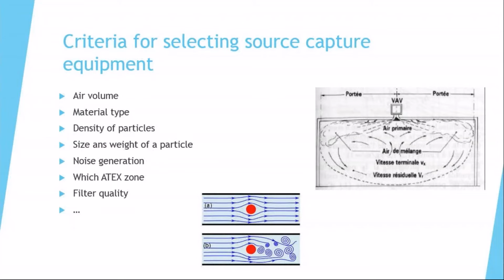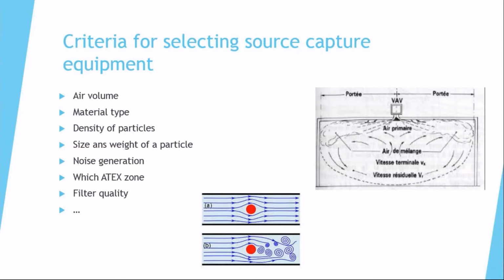So the volume of air, the velocity of the aspiration will be different to protect yourself. Of course, the quality of the filters that you are using. If you have 2 or 3 levels of filters, well, it's the best to protect yourself from the generation of these dangerous particles in the air.